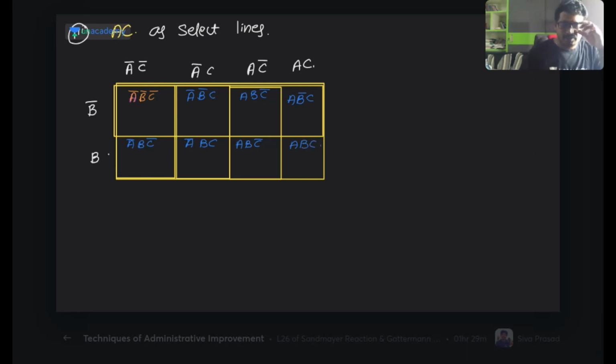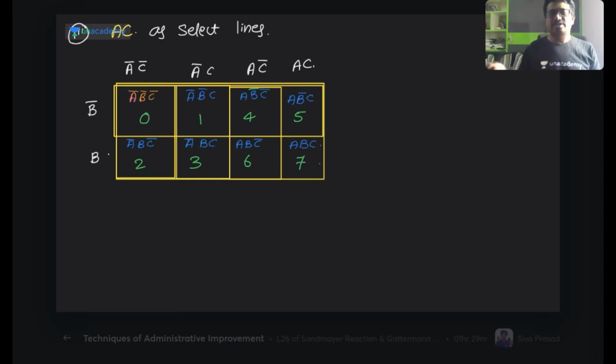Now we can give these numbers as usual. So this is 0, this is 1, and here we get 4 plus 2, 6, and this is 5. Next this is 2, here B bar, so this is 4. Next this is 3, and this is 6.